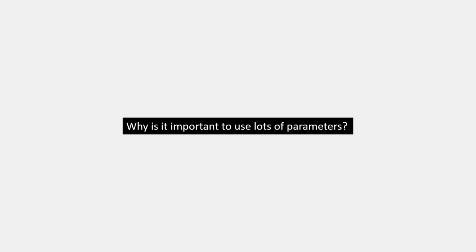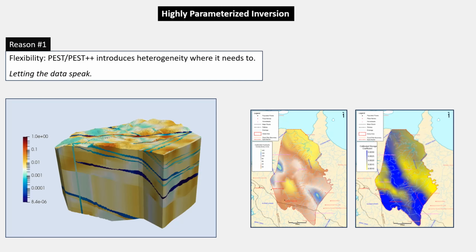And the thing I want to talk about first is, why is it important to use lots of parameters when we history match a groundwater model? Well, normally when we history match a groundwater model, we've got a medium to large area with some data in some places, and that data is often rich locally in information about hydraulic property heterogeneity.